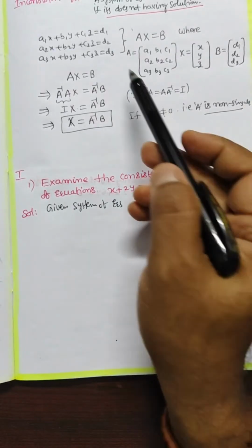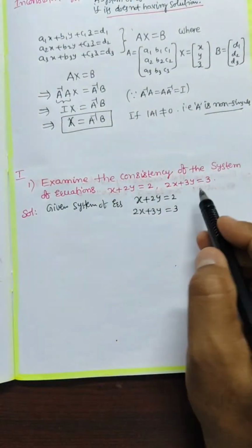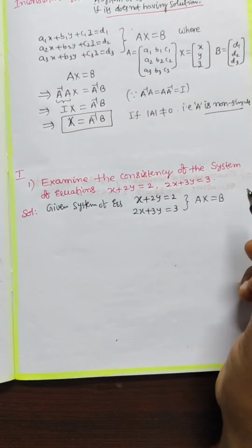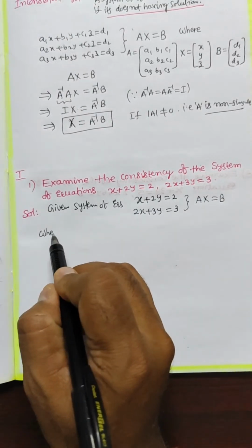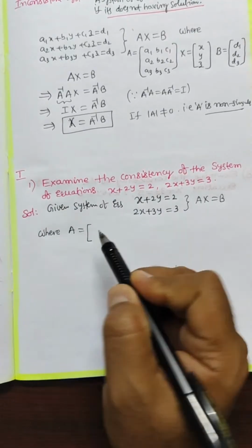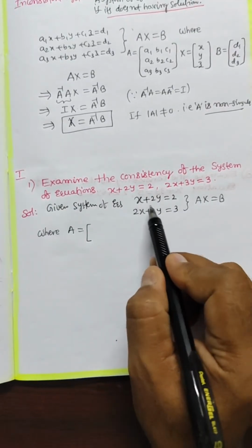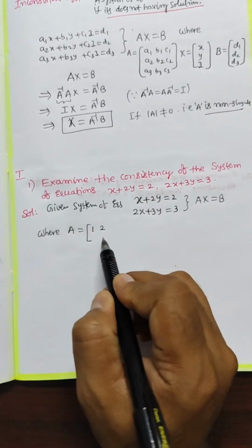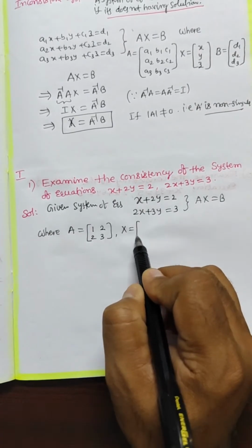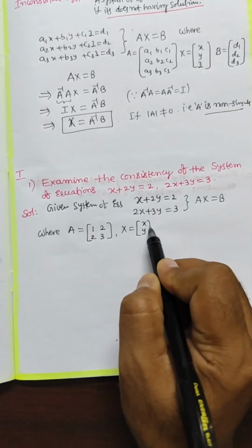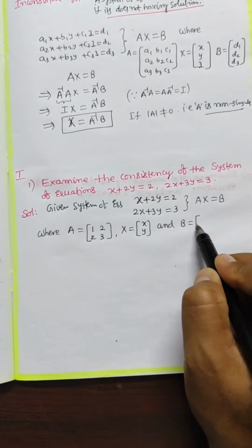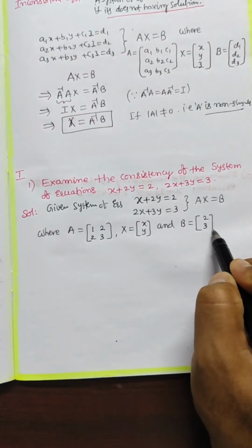Write this system of equations in the form AX equal to B, where A, with two variables, is the coefficient matrix 1, 2, 2, 3. Capital X is the solution matrix x, y, and capital B is the constant matrix 2, 3.